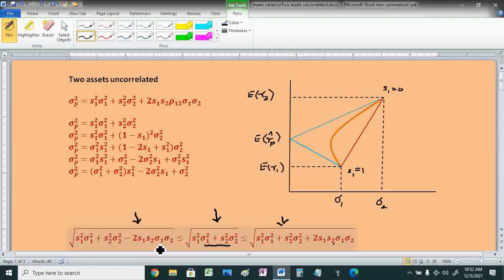So this means that the standard deviation of the portfolio in which the returns on two securities are totally uncorrelated to each other will be lying between these two limits.